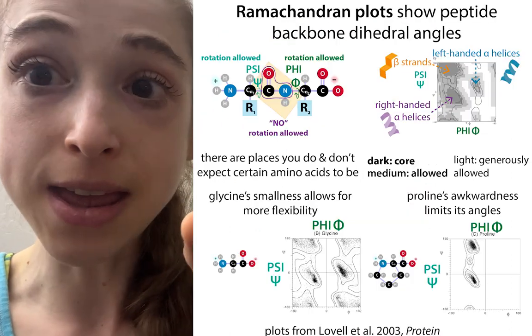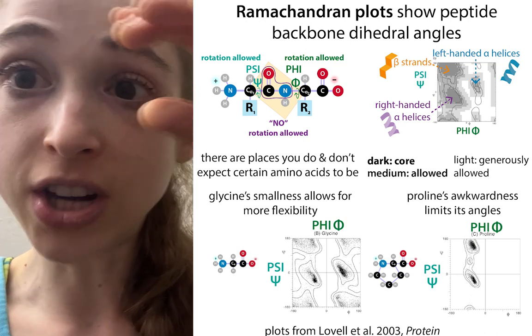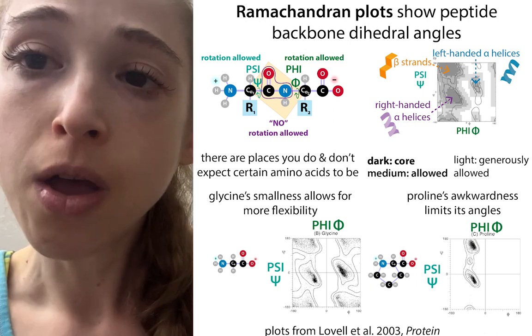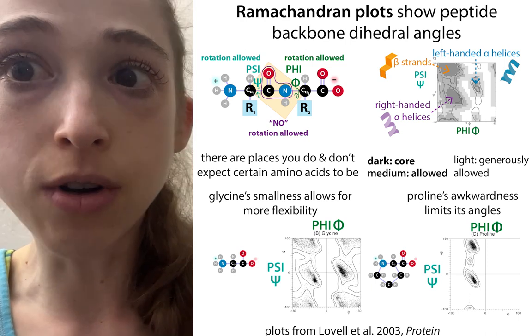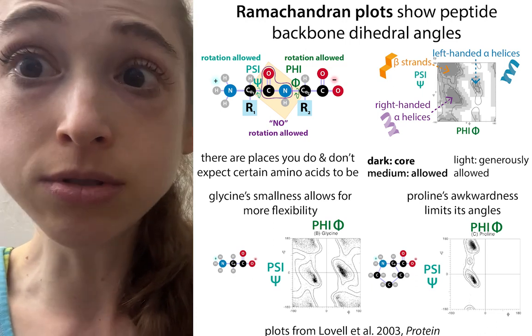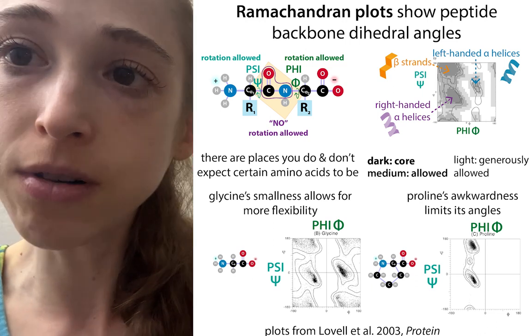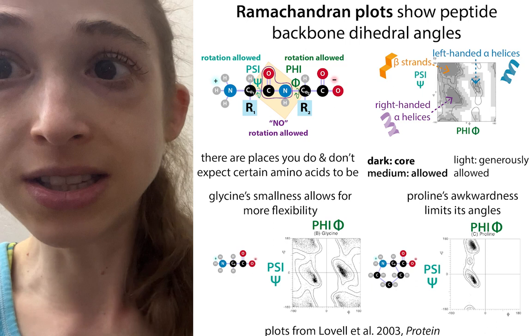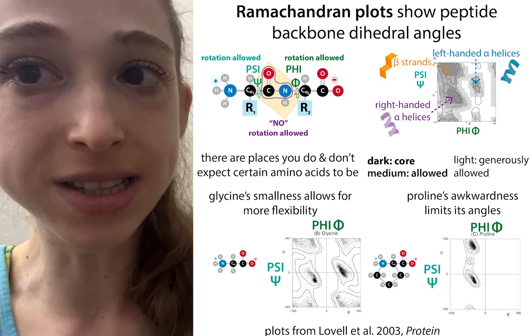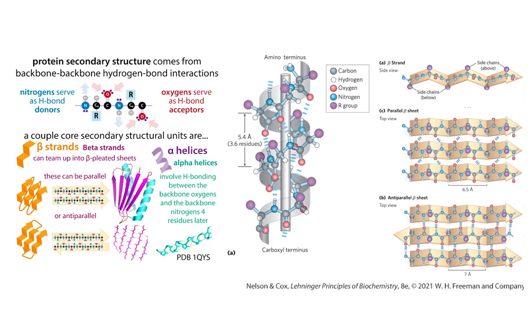When you have a peptide, you have a chain of planes, and then you have these angles where things can rotate around them. We plot these angles out on a Ramachandran plot, and what we see is that if we plot the angles for various peptides from various proteins, the points all cluster in specific places, because those are the places where there's not going to be steric clashing and where hydrogen bonding opportunities are maximized.